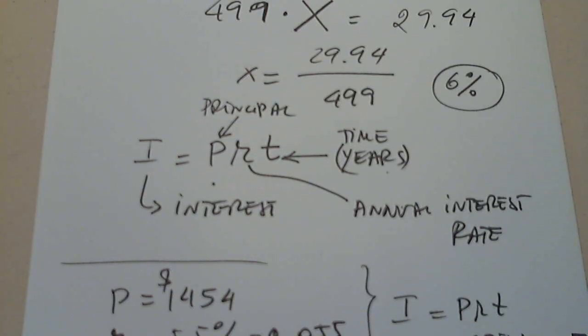So 1,454 times 0.055 times 4. Okay, and then we add to it 1,454, the original. So the $1,454 earned an interest of 319.88. So we end up with 1773.88. Total value of the investment is 1773.88. Am I correct? 1773.88. Type with integer or decimal.